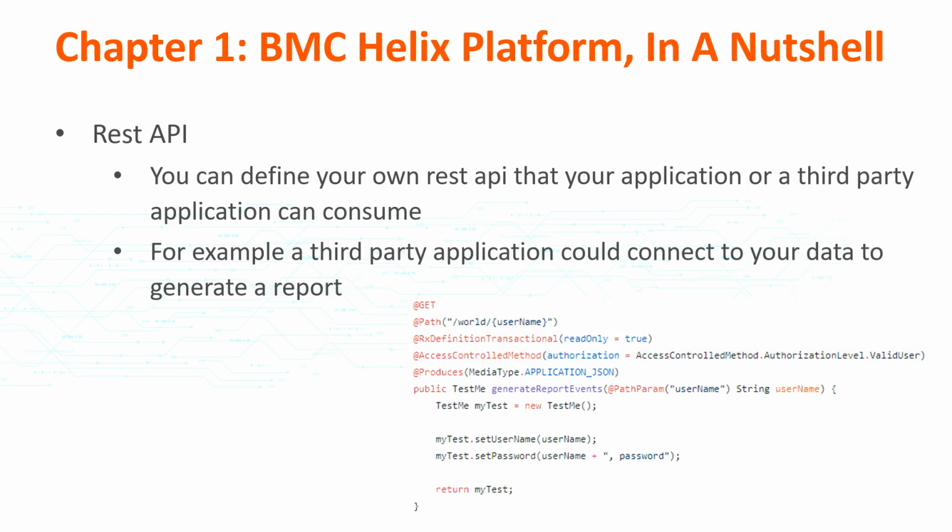Then we have REST APIs. So REST API is pretty cool. If you are used to Remedy ITSM, you know that you have access to the REST APIs, for example, to get a list of incidents using API/RC/v1, something like that, /entry.